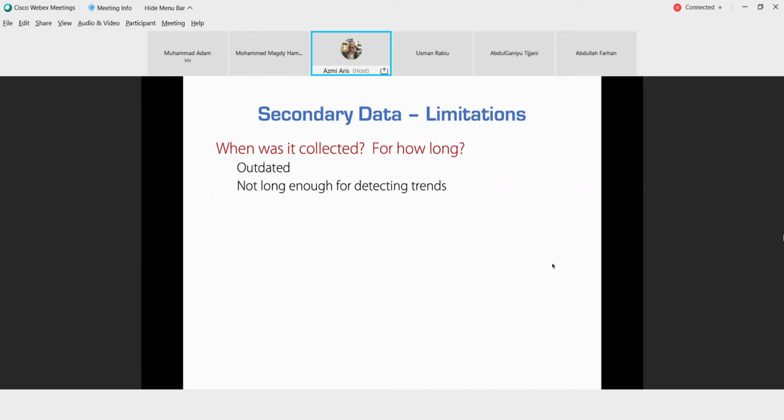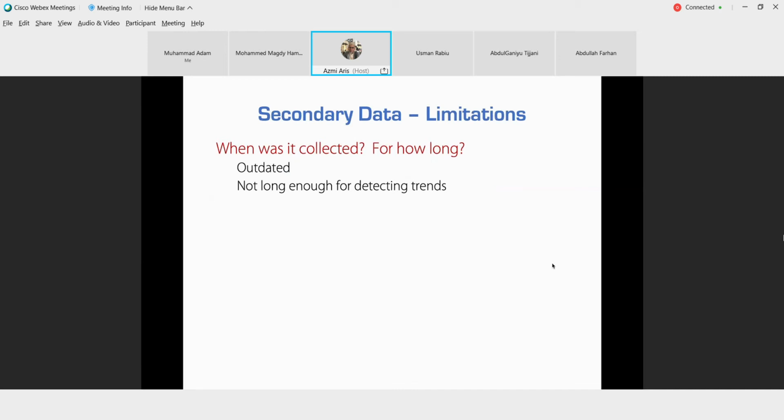The data that is available to you may be 2 years behind, maybe 2018. However, if this is the limitation and that is the best data that you can have, you can use that data. But if, for example, you're working on 2021 and the data is up to 2010 only, then that data is definitely outdated.